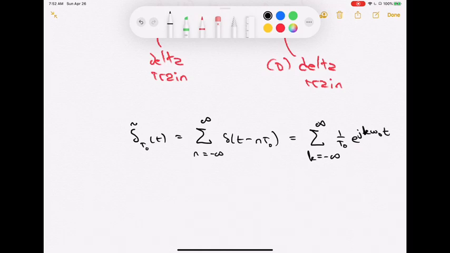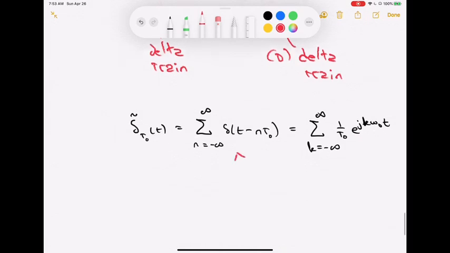So I can make a delta train as a sum of harmonically related sinusoids. An infinite train of delta functions can be made out of an infinite sum of harmonically related complex exponentials. I don't know, that is just a cool relationship to me.